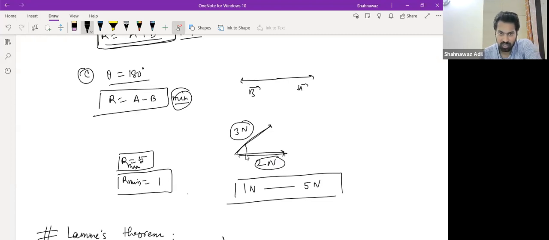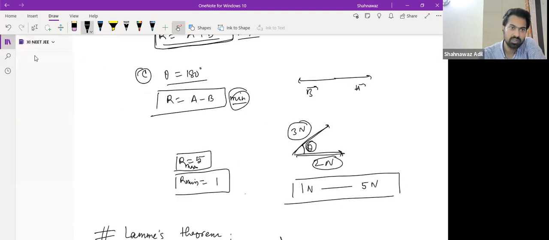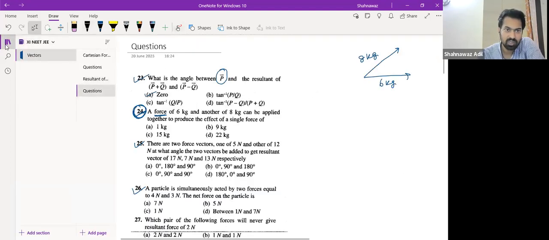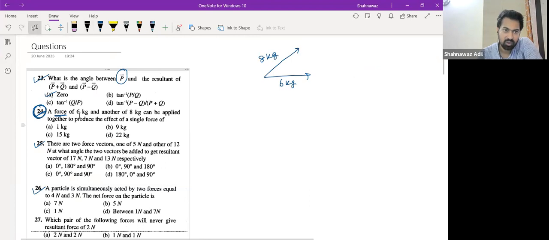Direction. Yeah, the angle between these two vectors, right? Yes, sir. So we need to take care of this also. So you see that in this question, what is given? Only two magnitudes are given, right? Yes, sir. So the angle is not given, right? So it could be between what?